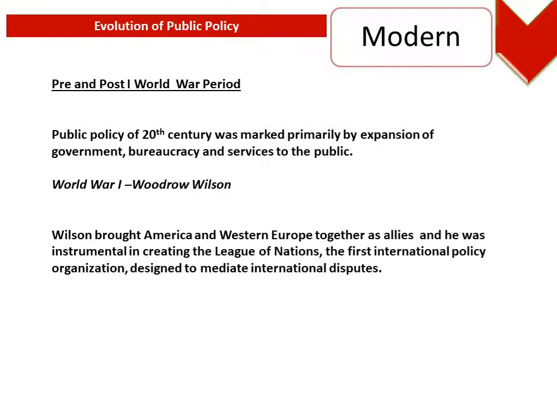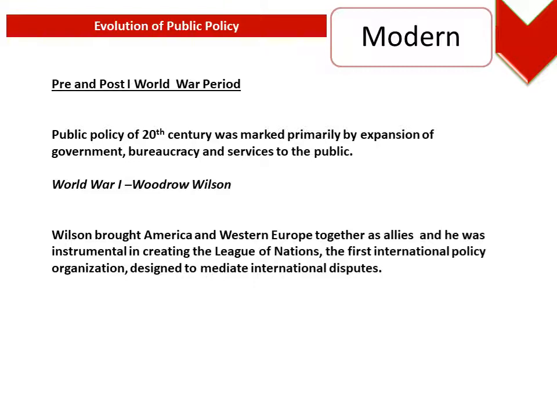The US State Department notes that prior to Wilson, American governing system maintained a largely separatist approach to the politics of Western Europe.